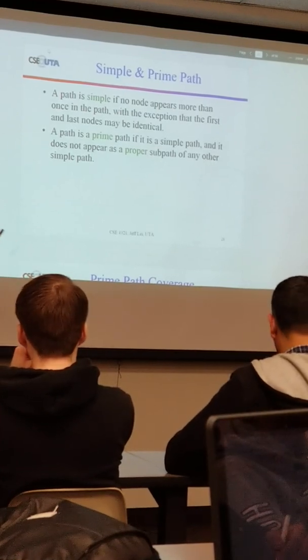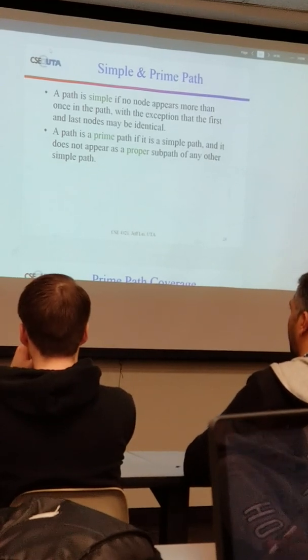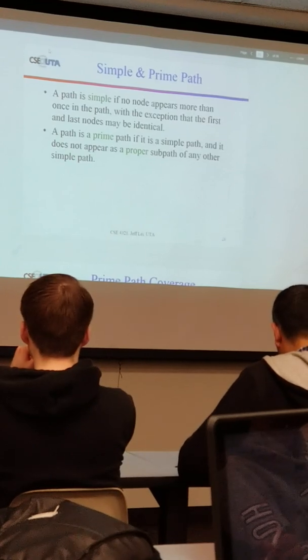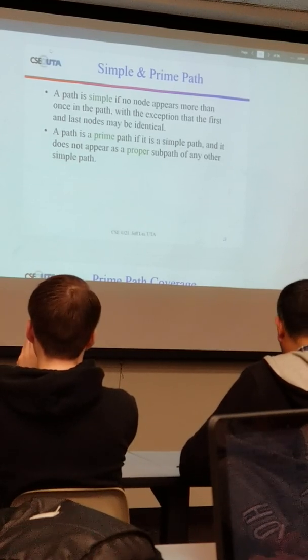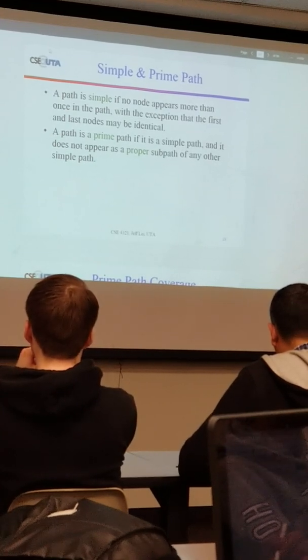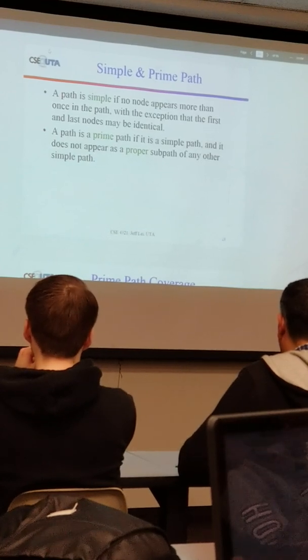Another point I want to make is that a maximum path is not a longest path. It does not have to be the longest. It only says you have to go by the definition. It only says no other simple path could contain this one. We're going to see examples that are not the longest one, but they are maximum because no one else can properly contain this one.